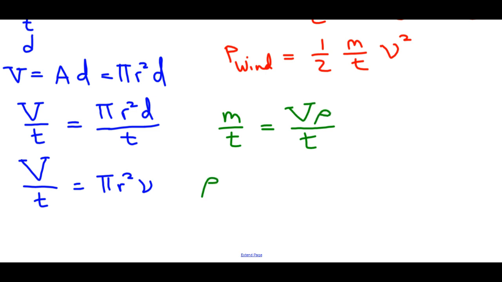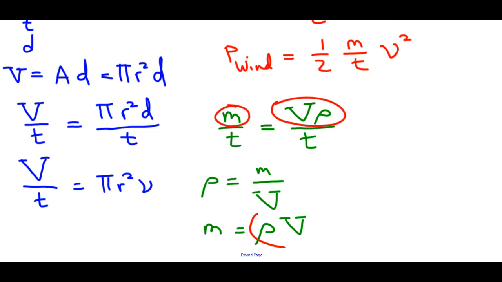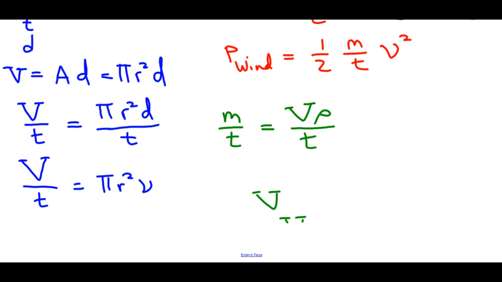Right? If you want to see that that's true, here's our equation for density. And so clearly mass is equal to density times volume. So all I've done here is I've taken the mass and I've replaced it with volume times density. Okay? And as we know from before, v over t, this part of our term, is pi r squared times the velocity.